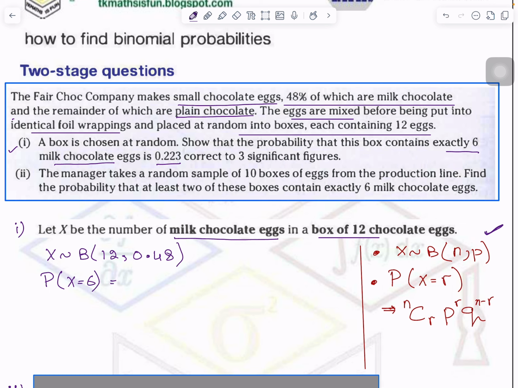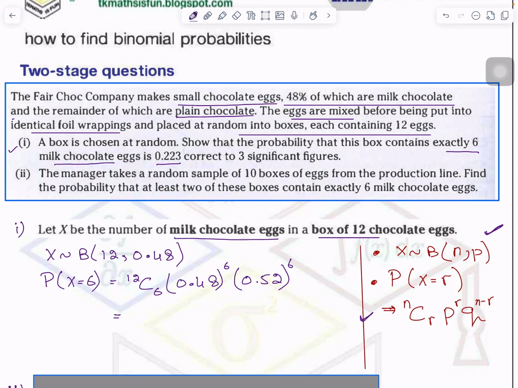So straight away I will apply the formula, which you can see on the right hand side. It is 12C6, 0.48 is my probability of success, and 1 minus this will be 0.52. 0.52, and 12 minus 6 is 6. So both will have power 6 here.